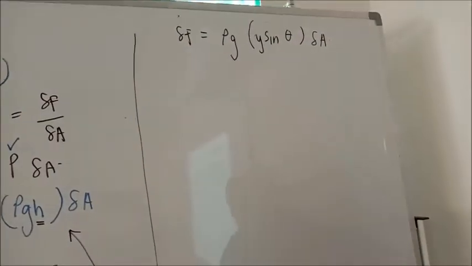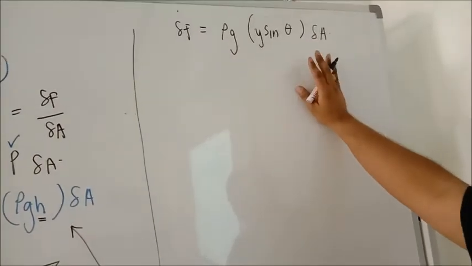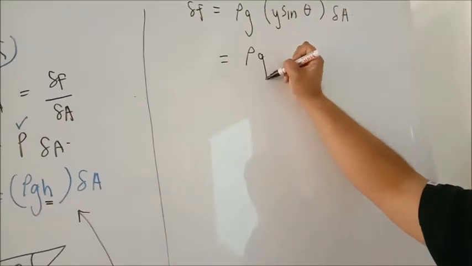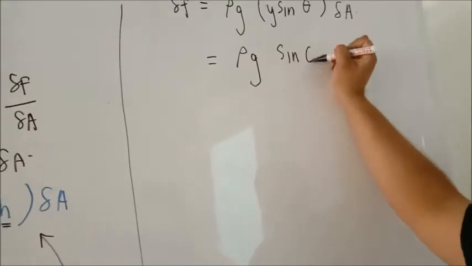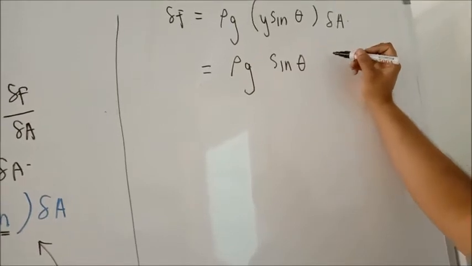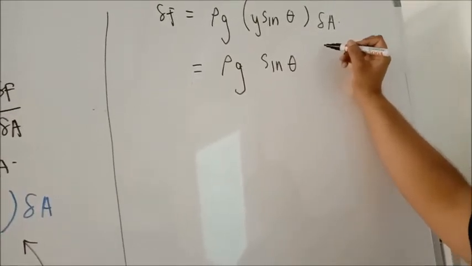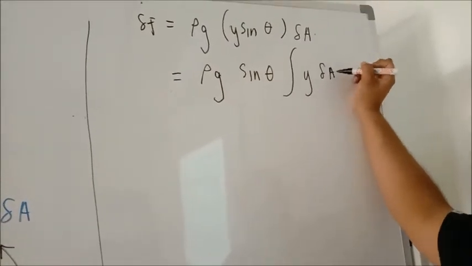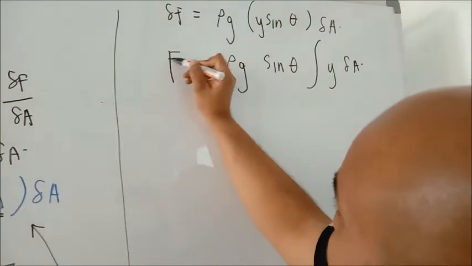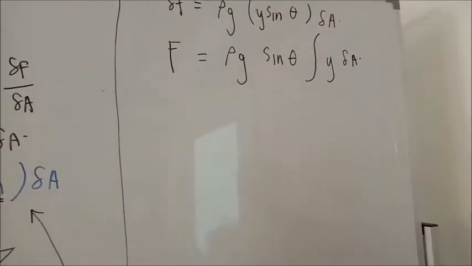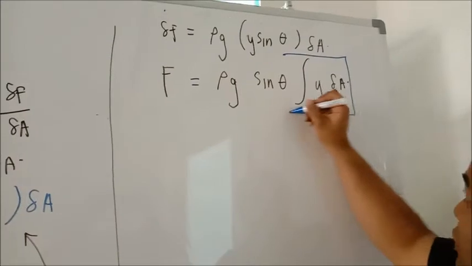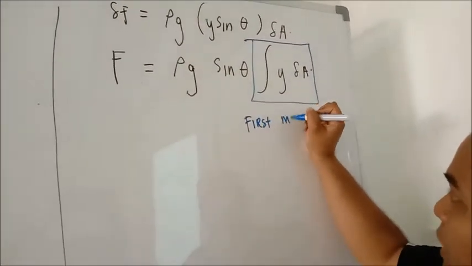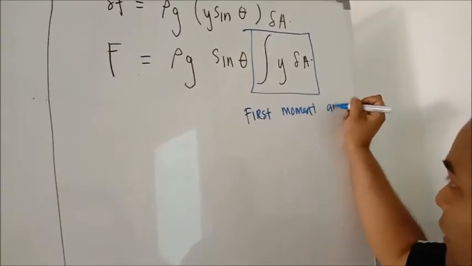And then by looking at this equation, alright, we rewrite into rho G sin theta integration of Y delta A, this part becoming F. So basically this part we call them as first moment of area.